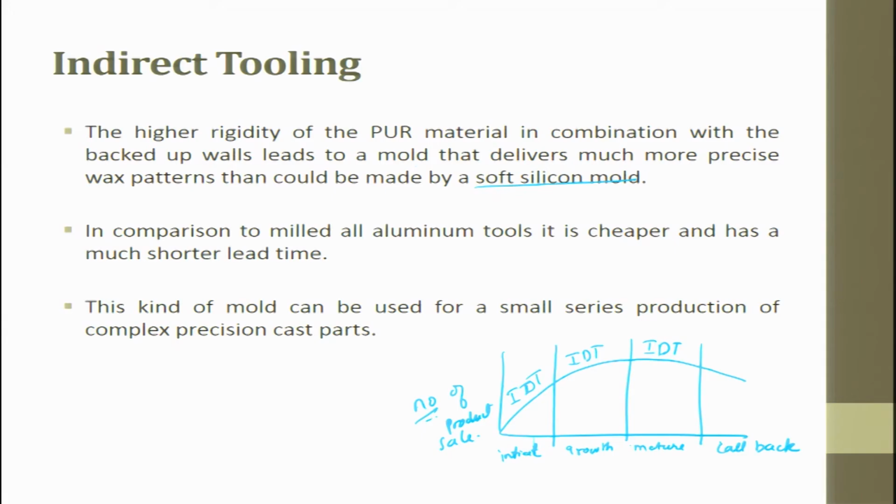In comparison to milling of aluminum tools, if you want to do it by aluminum tools, as I told earlier, it is going to take a lot of lead time. So, that has been shrunk very much by using these techniques. This kind of mold can be used for small series production and for complex parts also.